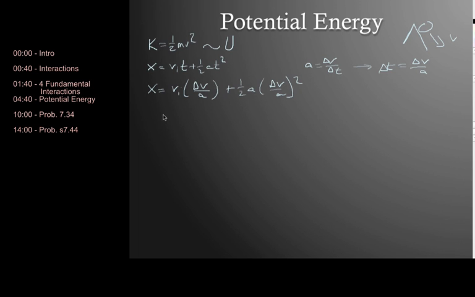So what we're going to do is multiply all this out and group some terms together. So we're going to get 2 v initial, v final minus v initial, plus v final squared minus 2 v initial v final plus v initial squared, and all this is over 2g.